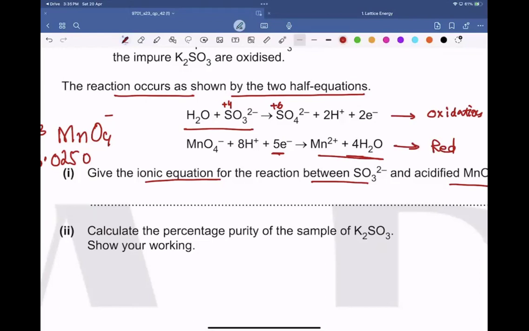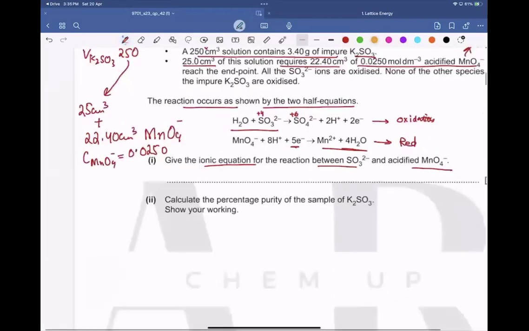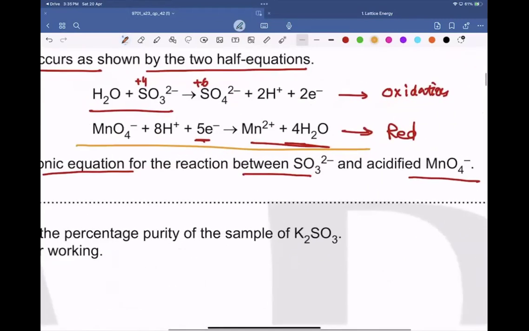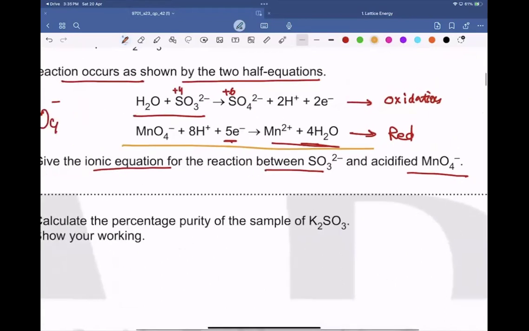Okay, now what we have to do is add both equations. But before adding, we have to balance the electrons in both equations. So I'm going to multiply the first equation by 5.